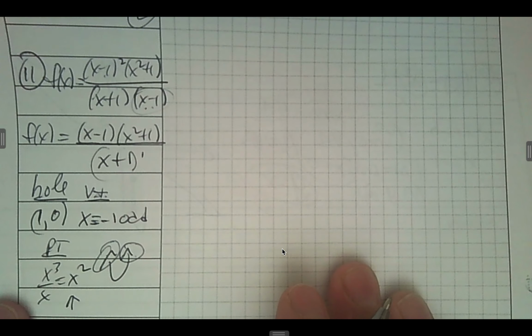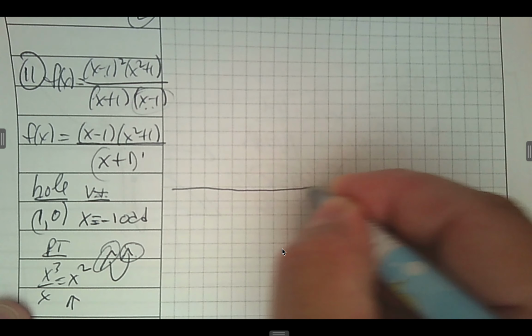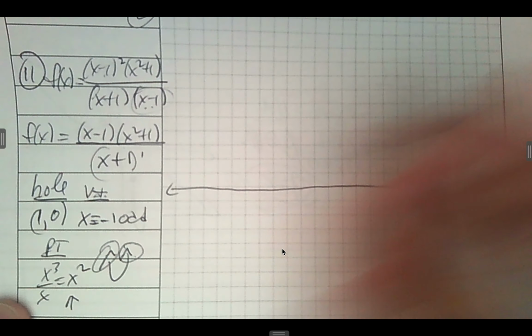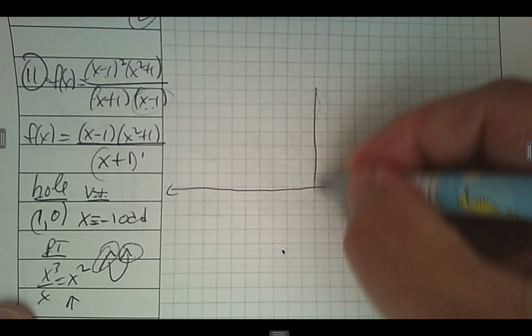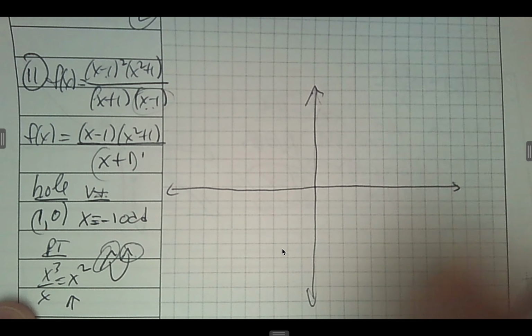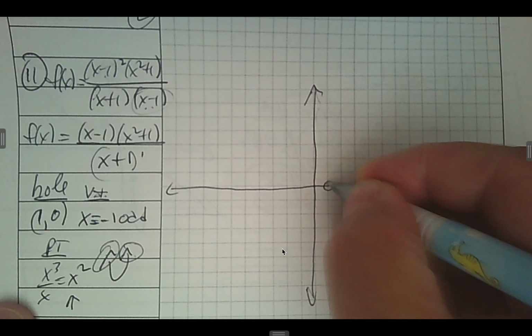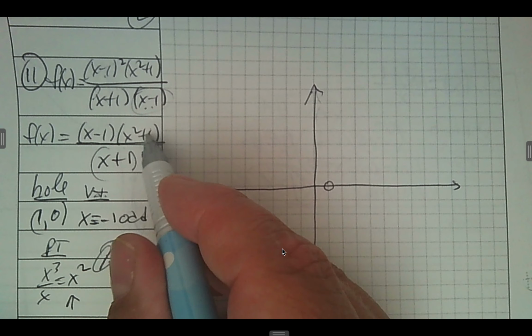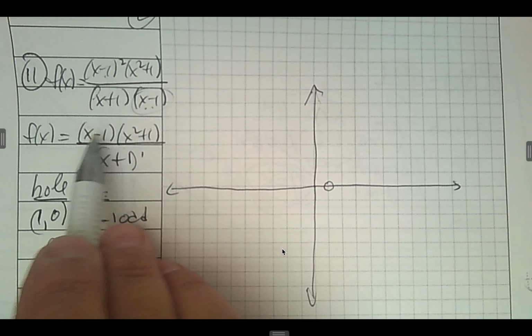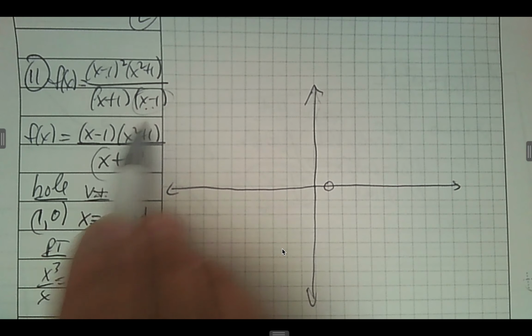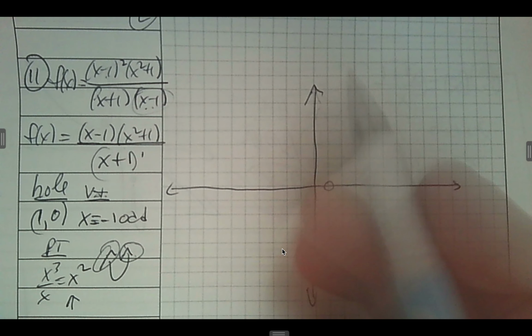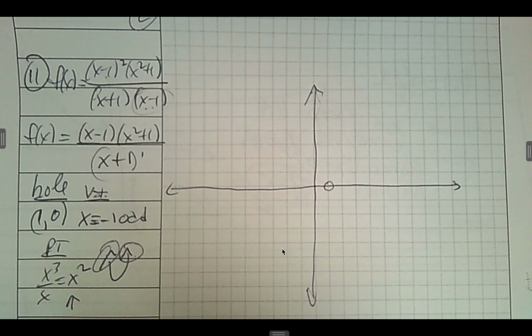So we're going to take what we know and sketch it. And if I want to know more, then I'll find more if I need it. So do you have the ability to sketch these? We have a hole at (1, 0). We have no x-intercept, by the way, since at (1, 0) is a hole. X squared plus 1 equal to 0 is imaginary, so there's no other x-intercept.